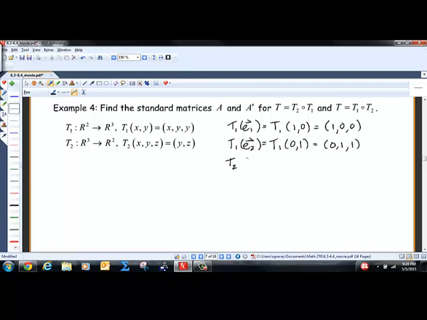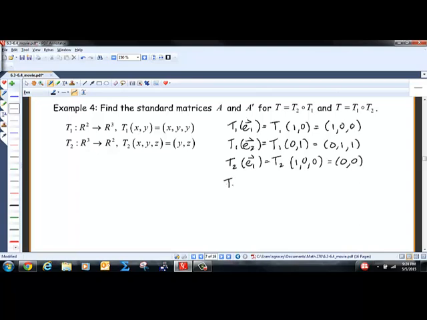Now T2 at E1 is T2 at, we've got 3 of them, right? At (1, 0, 0), 3 coordinates. And what do we get? It comes out as y comma z, so this one will just be (0, 0). Good so far?